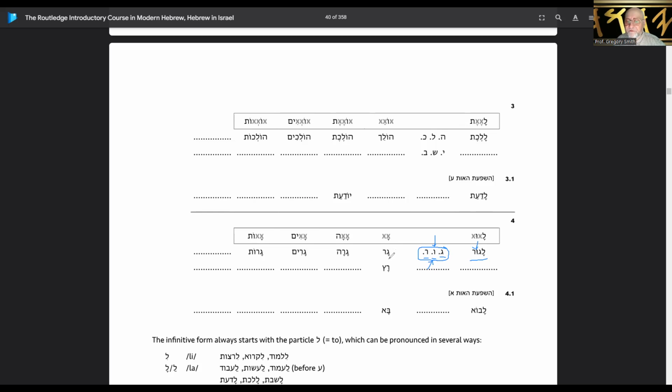Okay, so if you were to say he is dwelling, it would be gar. She is dwelling, gara. We are dwelling, garim. They are dwelling, with a nun suffix, because that's all girls, garot. You see that? And it means to dwell.